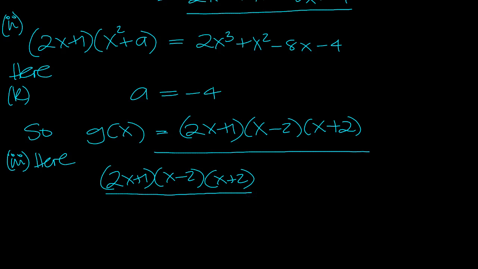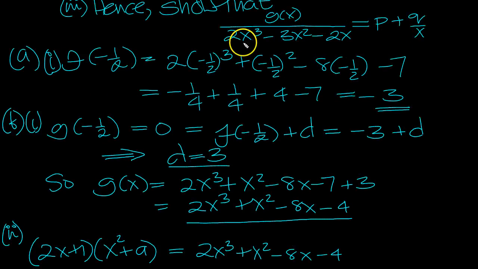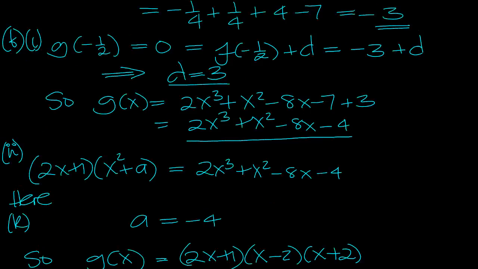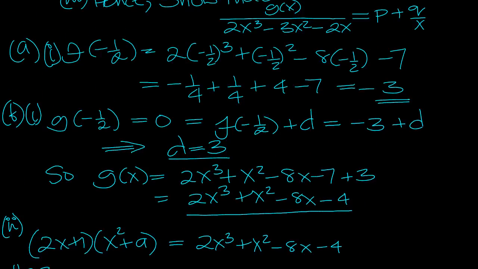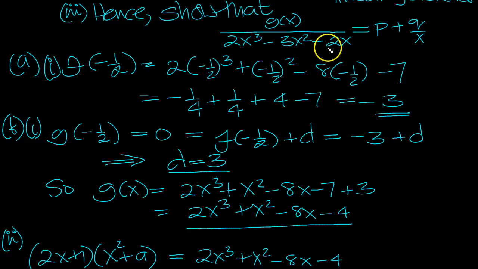Now underneath, let's see what we've got in the question. 2x cubed minus 3x squared minus 2x. Okay, minus 2x, wasn't it?